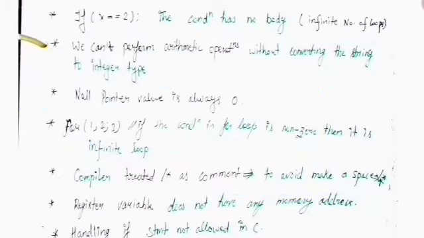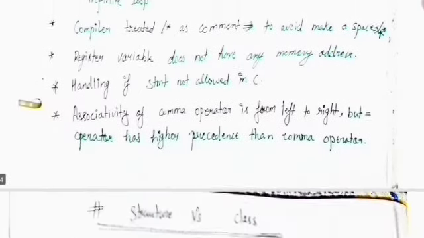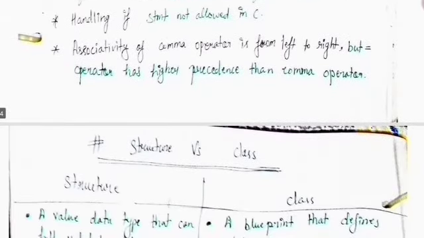Come to the next point: a register variable does not have any memory address. Basically we know that the register is the smallest unit of storage, so it doesn't have any memory address. Now the next point: a handling if statement is not allowed in C.